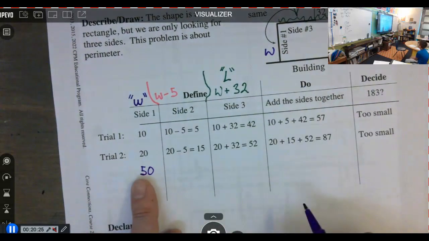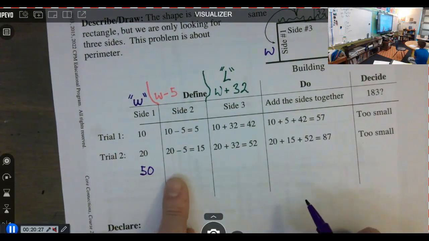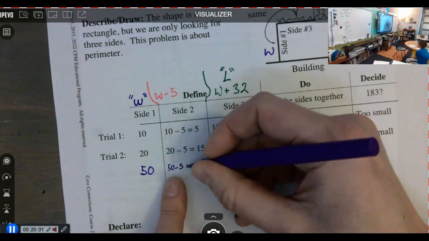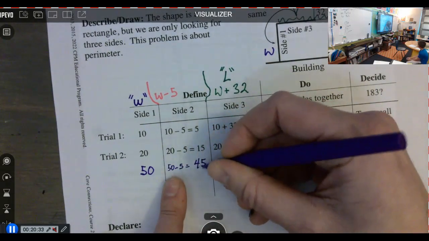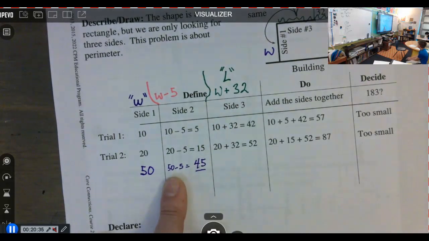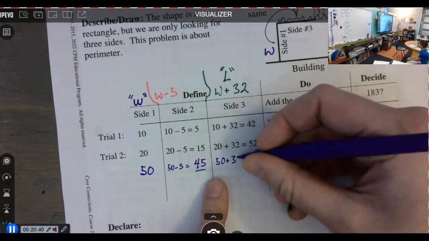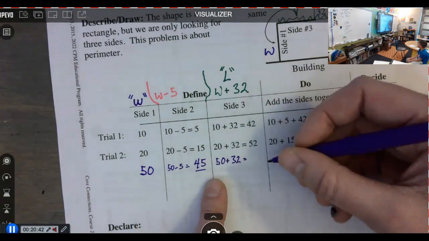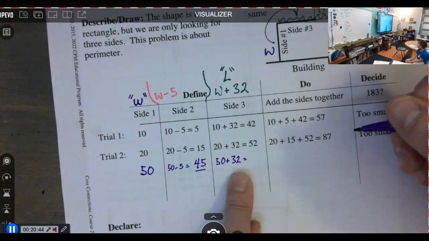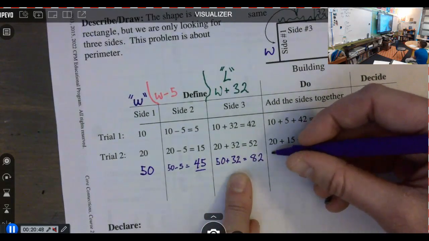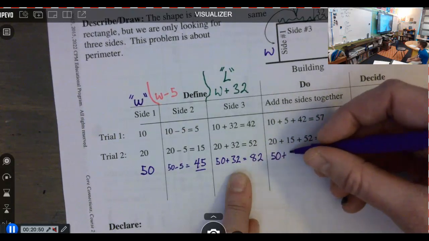All right, so if we make the width 50, what are we doing in this column? 45. And then over here, hey, this is a safe place to make mistakes. Keep your judgments to yourself. 50 plus 32? 82. You might need to grab a calculator there in the back of the room now.